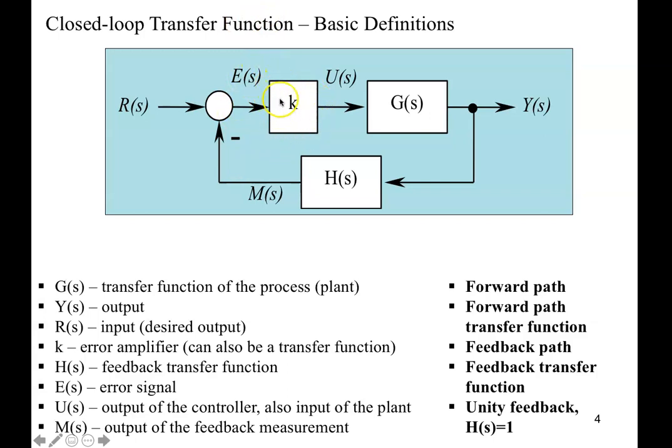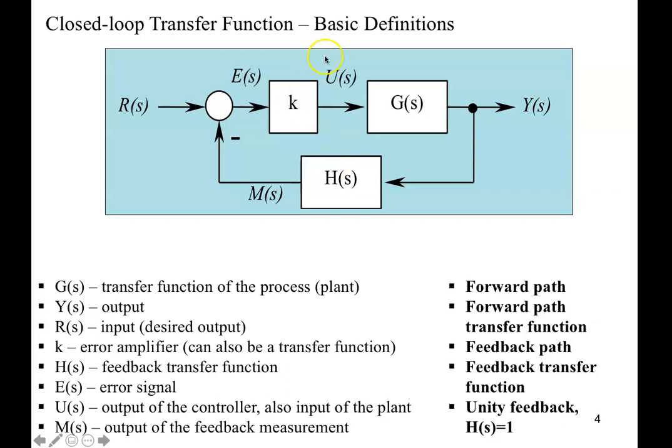The output of the controller is U(s). That output from the controller is fed to the transfer function of the plant, which is obviously the input of the plant. So we have a set of variables here indicating external and internal signals.